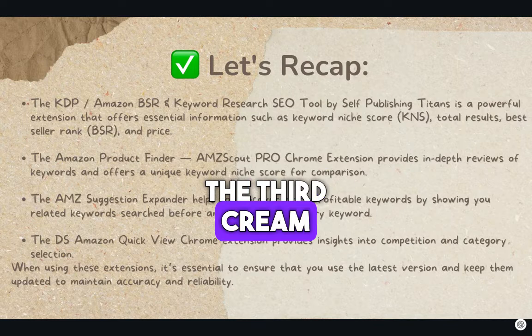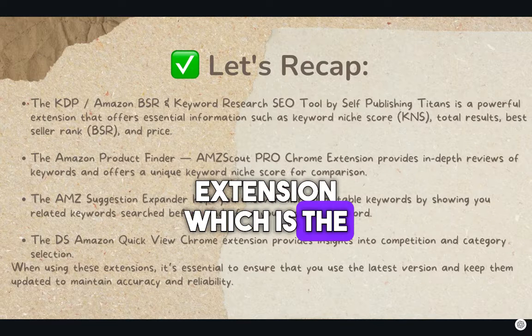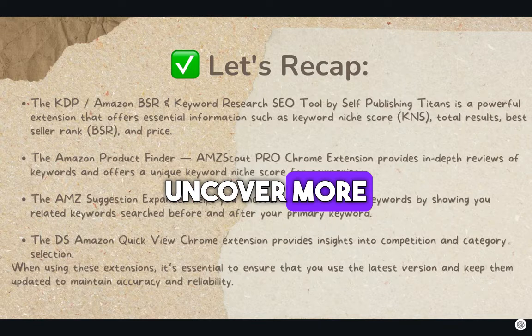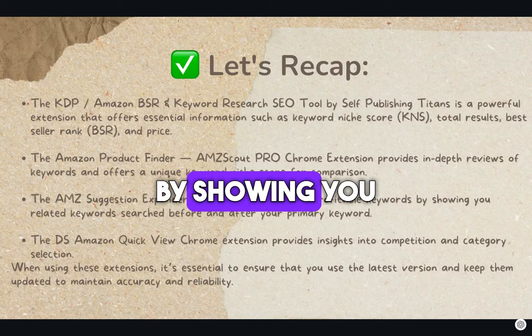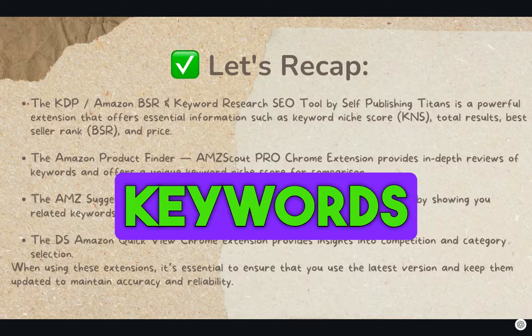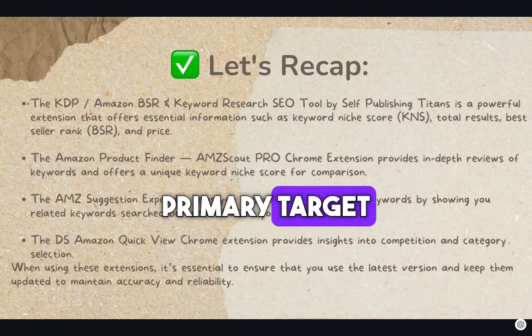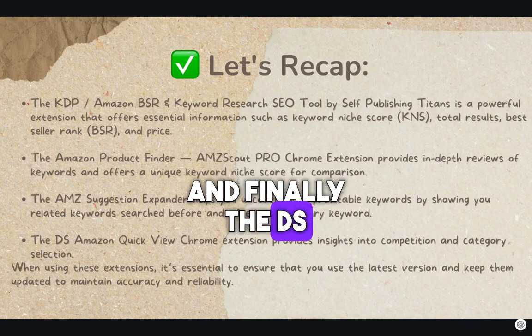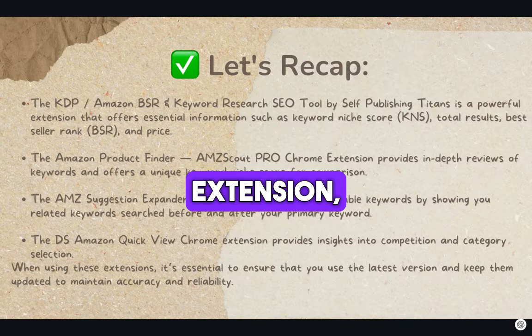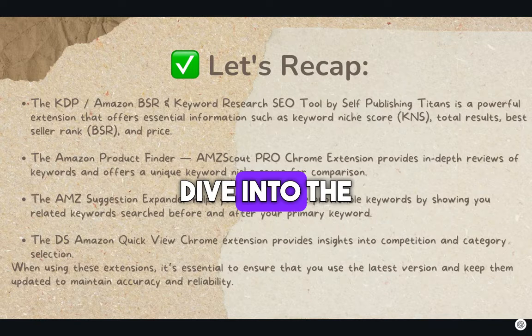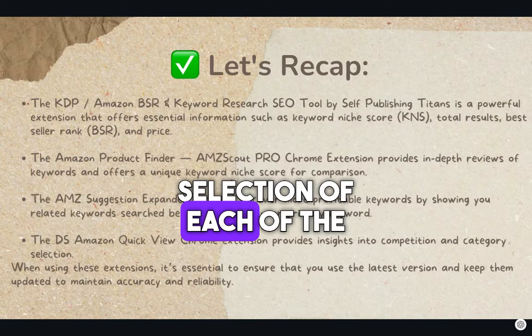We've also got the third Chrome extension, which is the Amazon Suggestion Expander. It helps to uncover more profitable keywords by showing you related keywords searched for both before and after your primary target keyword. And finally, the DS Amazon Quick View Chrome extension. It provides insight into the competition and also a dive into the category selection of each of the books.